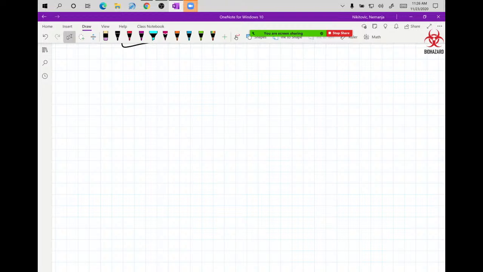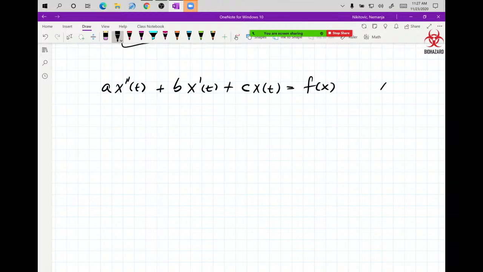So what we are going to do is have our standard, you can do constant coefficients, a x double prime of t plus b x prime of t plus c x of t equals f of t, with x of 0 equal x0 and x prime of 0 equal x prime 0.